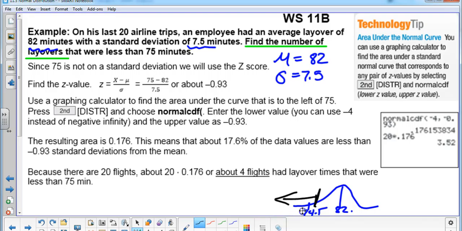Okay, so it's not exactly on a standard deviation line. All right, what we're going to do is find the z-score. So we're going to take his 75-minute question here and subtract 82 and divide by 7.5. How many standard deviations away is he? Negative 0.93? Okay.